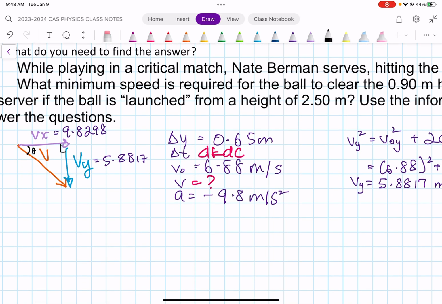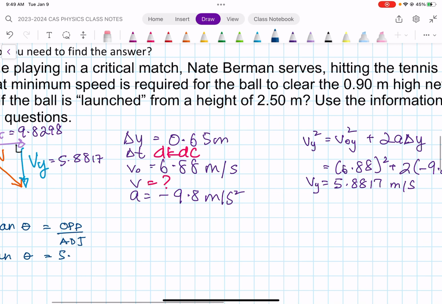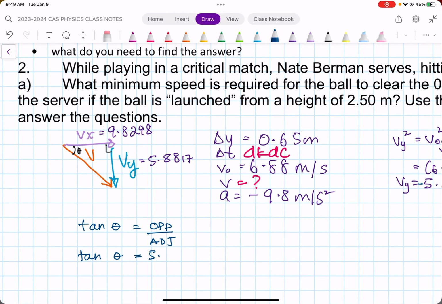So what is opposite over adjacent? It's tan. So this is my equation. Tan theta equals opposite over adjacent, right? When I take the square root of this, I really should have taken the negative because it's on its way down. So what I'm going to do is make that negative 5.8817 divided by 9.8298.